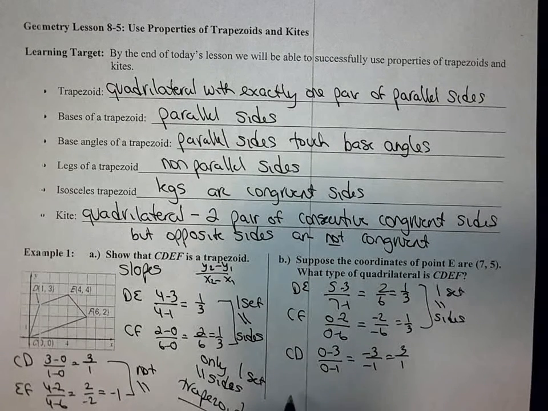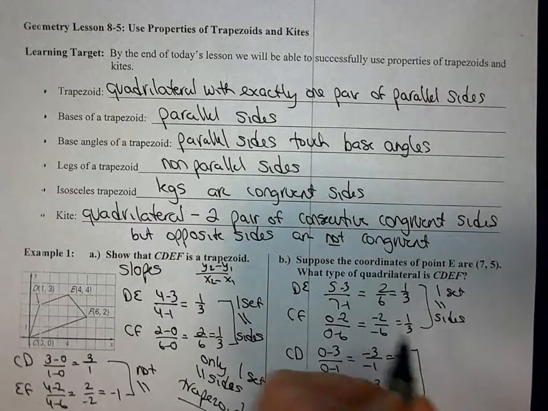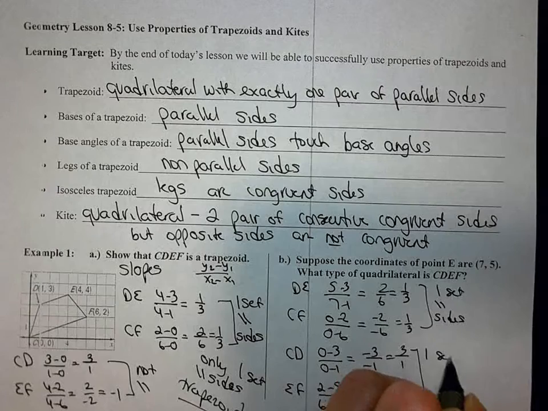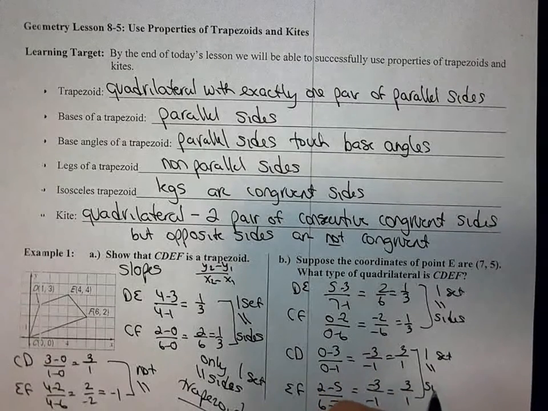And now here's the set that's going to be affected. So EF, new slope, again we're changing the point E, so 2 minus 5 over 6 minus 7, so negative 3 over negative 1 or 3 over 1.